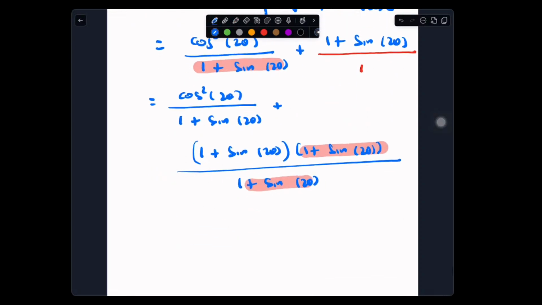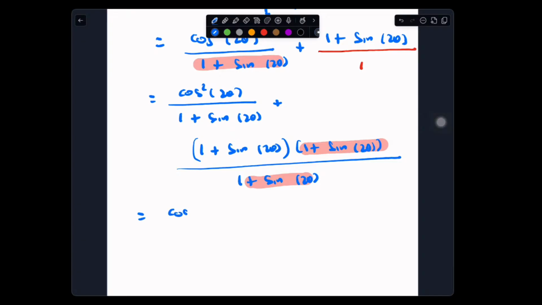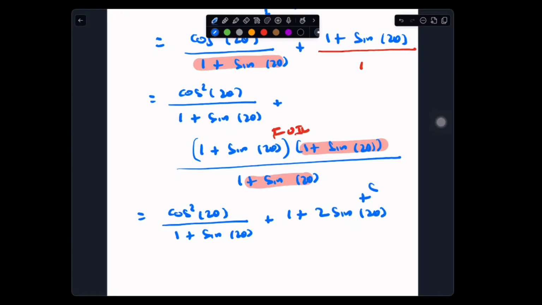And here's what we're going to end up with. It looks like we'll get cosine squared 2 theta over 1 plus sine double theta plus, and we're going to use FOIL here, some algebra there, 1 plus 2 sine double theta plus sine squared double theta over 1 plus sine double theta.